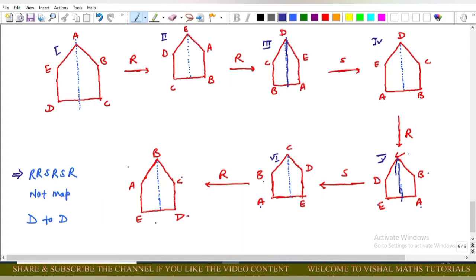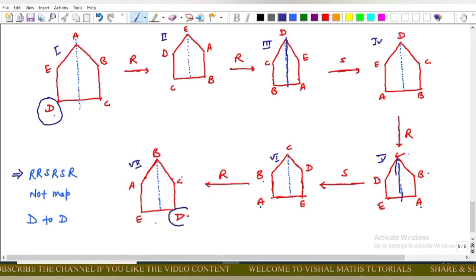Now in the last figure we notice that our d position is the lower left corner, and in the final transformation, that is the seventh figure, d is at the lower right portion, so this transformation does not map d to d.